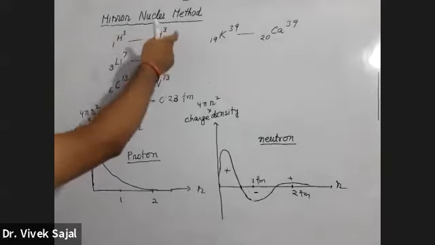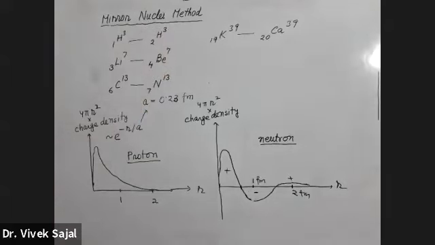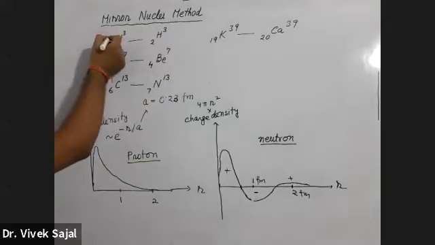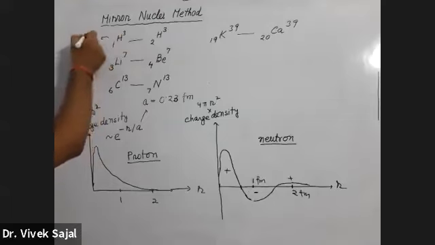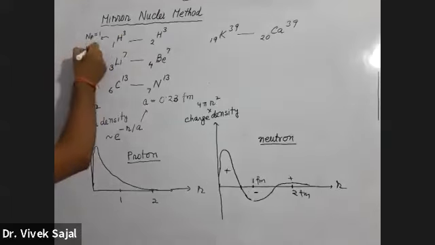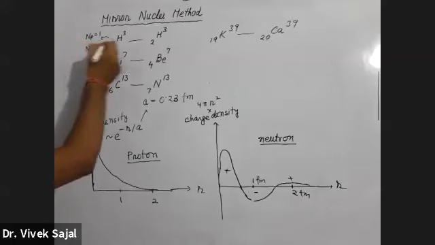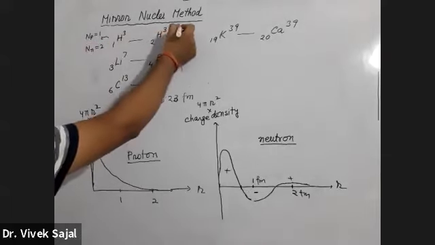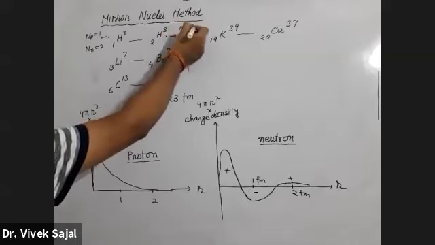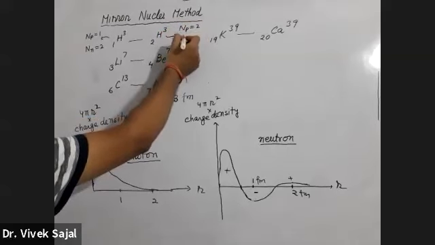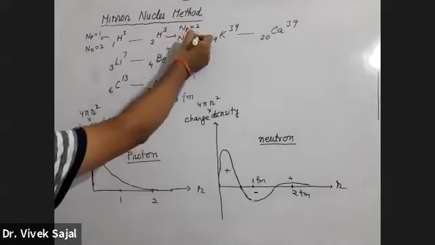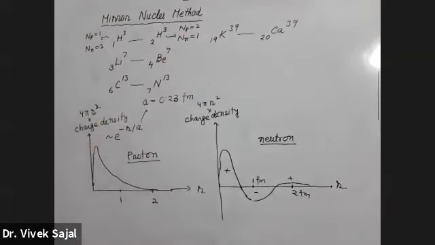For example, in this case, number of protons is 1 and number of neutrons is 2, and here this number will be exchanged. Number of protons will become 2 and number of neutrons will become 1. Sir, so mass is same.